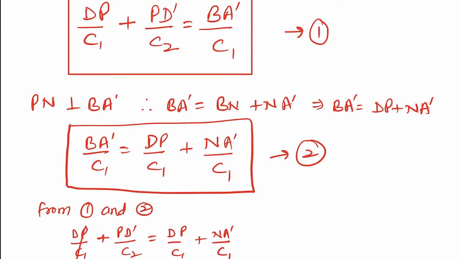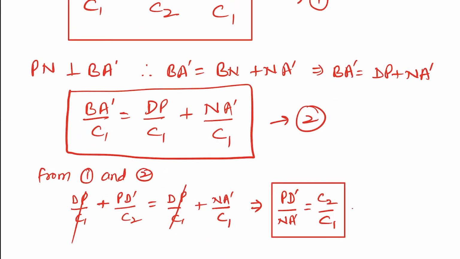These two cancel out each other, so we are left with PD dash divided by NA dash is equal to C2 by C1. This is say equation number 3.